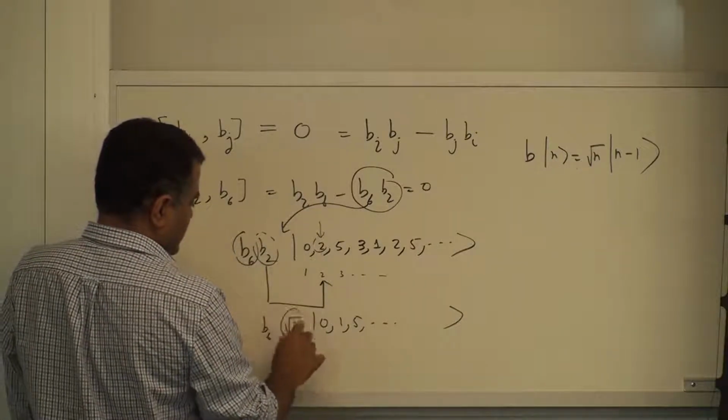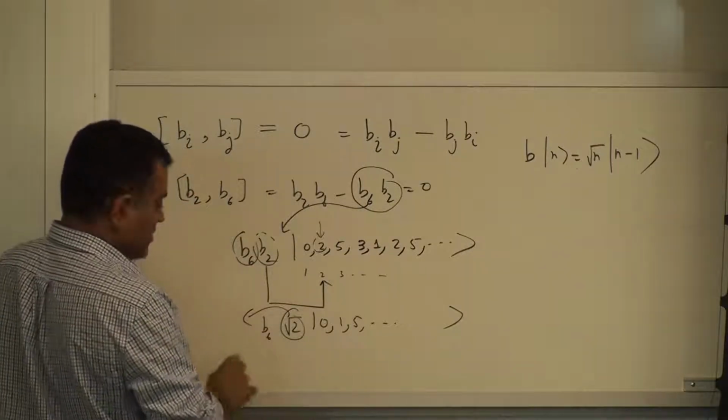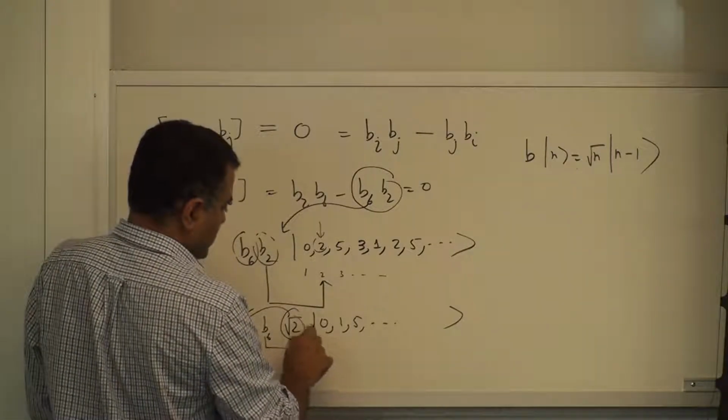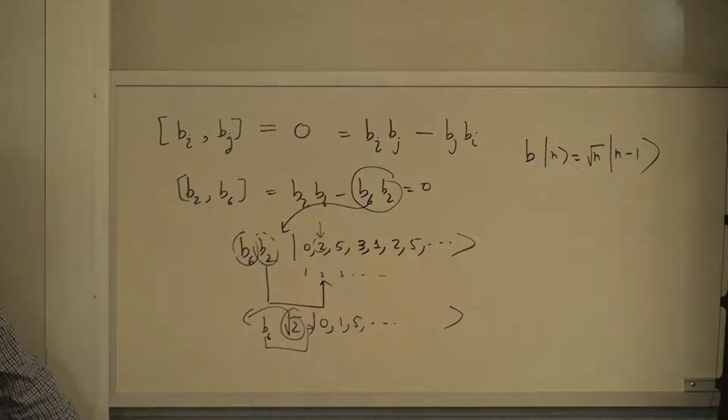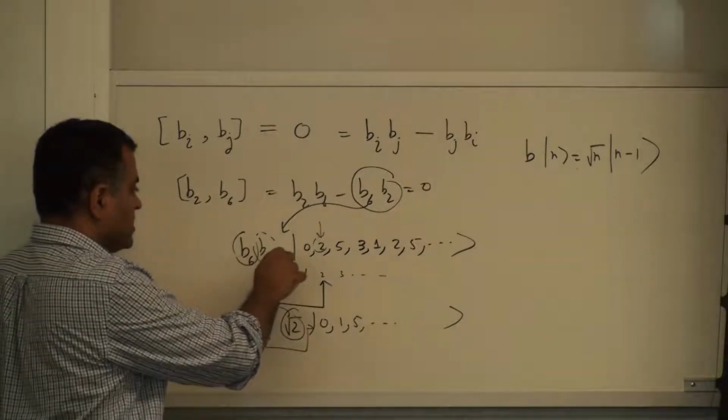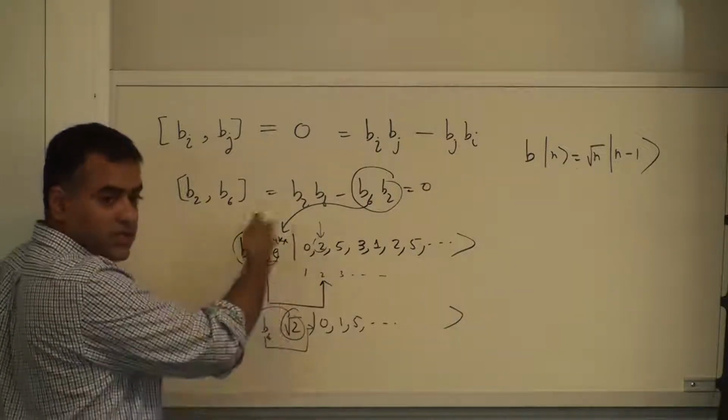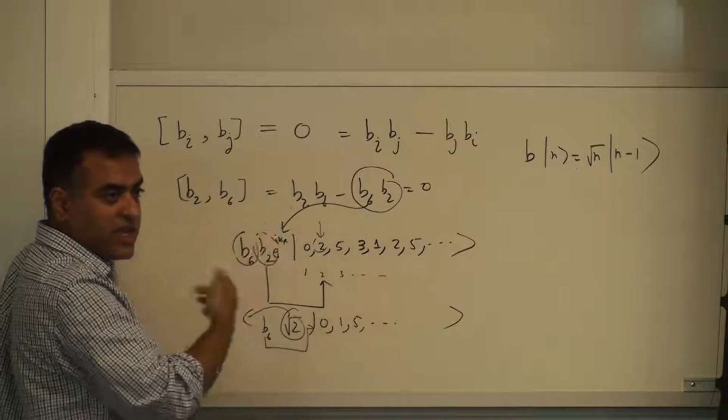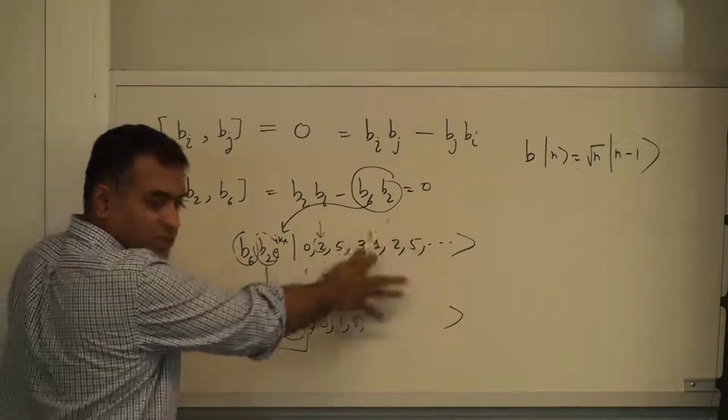And now on this will act B6. And this is a number, so that will just go away. Operators only act on occupation number states. They don't care about numbers or even functions. If you have e to the power ikx sitting here, it doesn't care. It doesn't act on functions or numbers. It only acts on occupation number states.